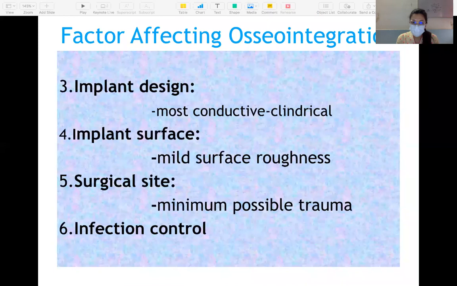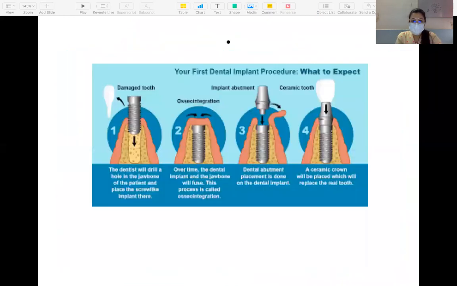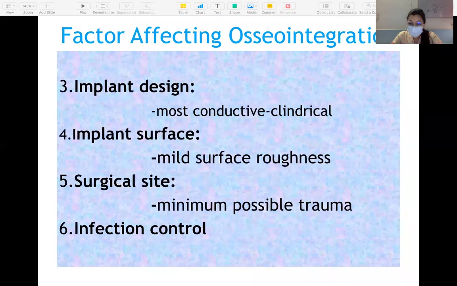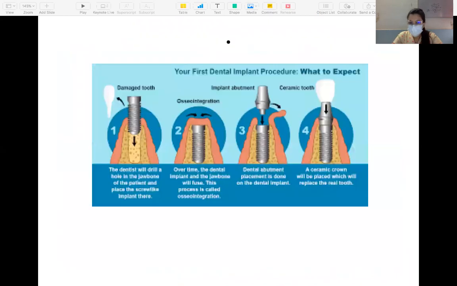There are various factors which affect osseointegration, like the occlusal load, the biocompatibility of the material you're using as implant, the implant design, the implant surface, the surgical site where the implant has been placed, and infection control.